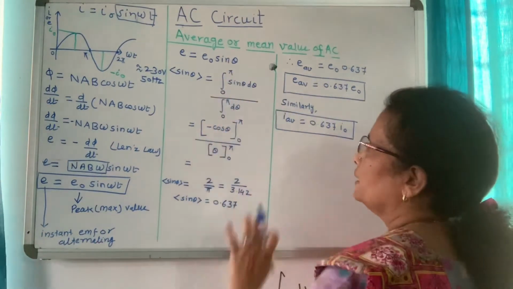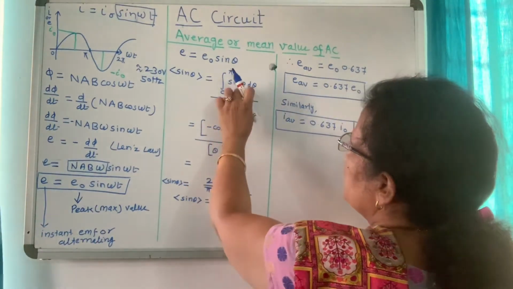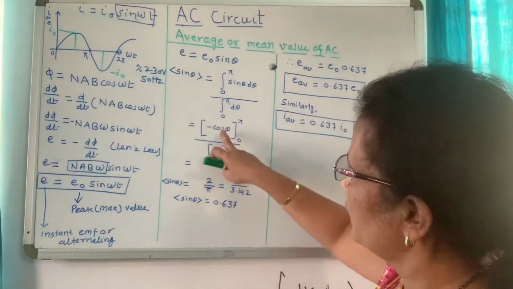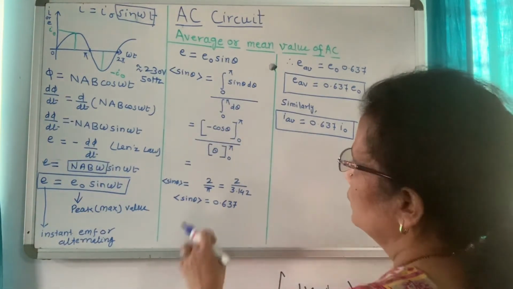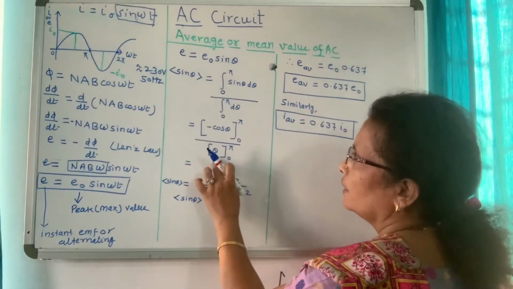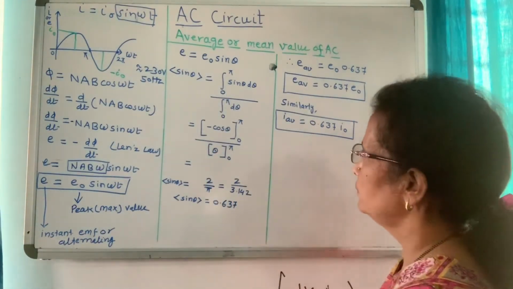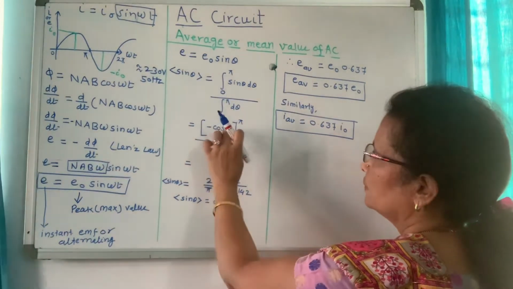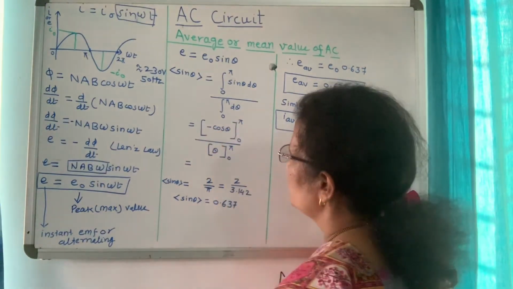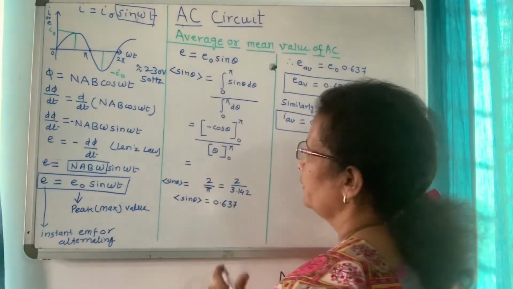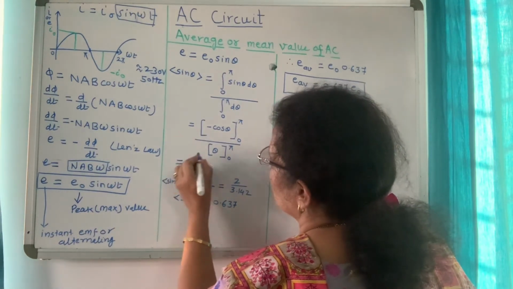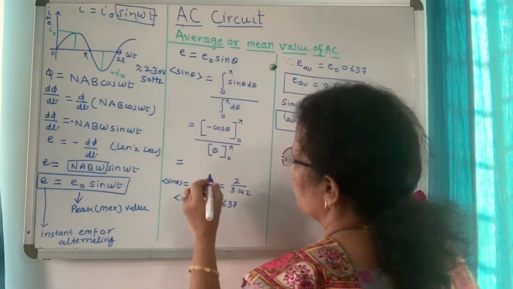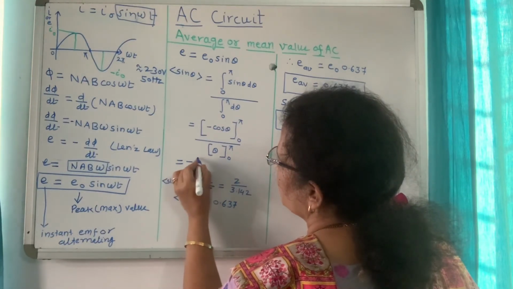So solve this integration. The integration of sine theta is minus cos theta, with limits 0 to pi, and the integration of d theta is theta, with limits 0 to pi. Now see this, this is cos theta. You have to substitute upper limit minus lower limit. Cos pi is minus 1, so I am writing the minus sign outside.